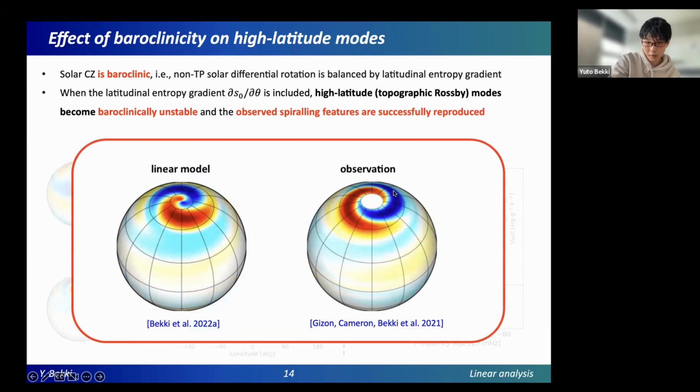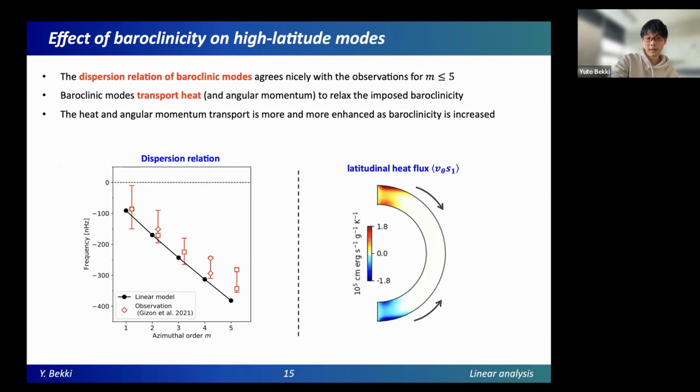In order to reproduce this observed spiraling pattern, we need to include this dS/dθ baroclinic term. The linear dispersion relation of these baroclinically unstable modes shows very good agreement with the observed frequencies of the high latitude modes.